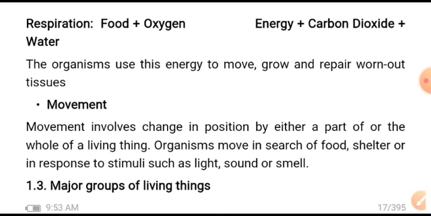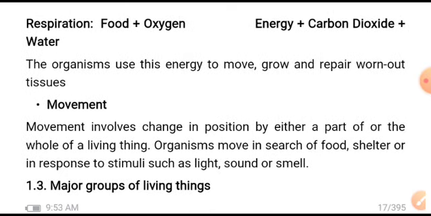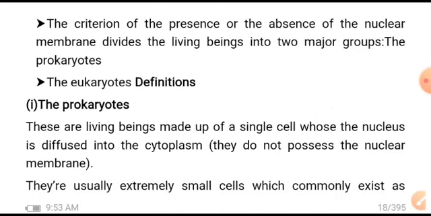So let us see the major groups of living things. The criterion of the presence or the absence of a nuclear membrane divides living beings into two major groups. Living things have different major groups, and those groups are classified according to different criteria. The first criterion is the presence or the absence of the nuclear membrane.